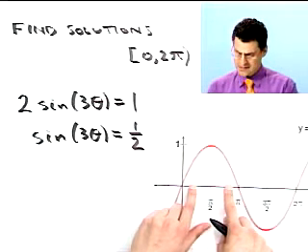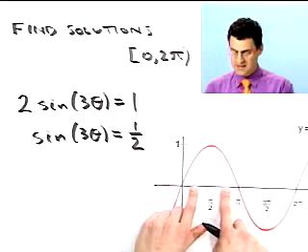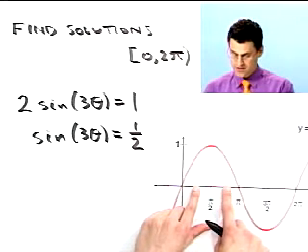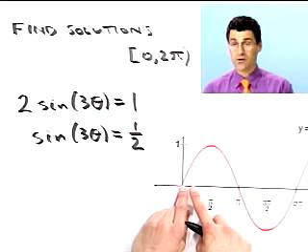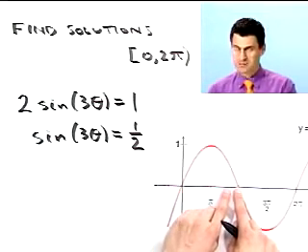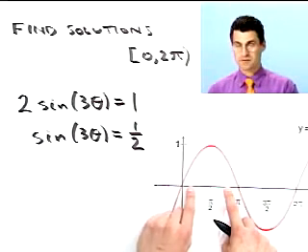But then how do we get this other one? Well, it's by symmetry again, because these guys have to be symmetric around here. Since this distance right in here is pi over 6, that means that this distance right here must be pi over 6. So I'll take pi and subtract off pi over 6, and that will give me this angle.